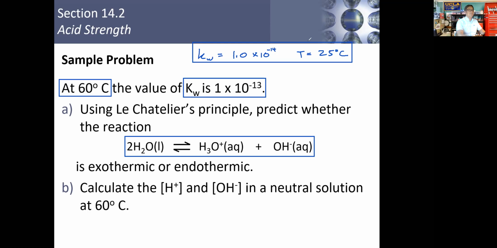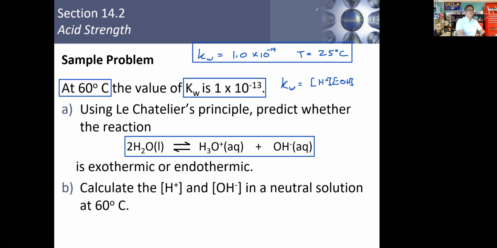So kW, remember, is simply the hydrogen ion concentration times the hydroxide ion concentration. And that should be over 1, so keep that in mind. That should be over 1 because water in the liquid state, we don't include that.